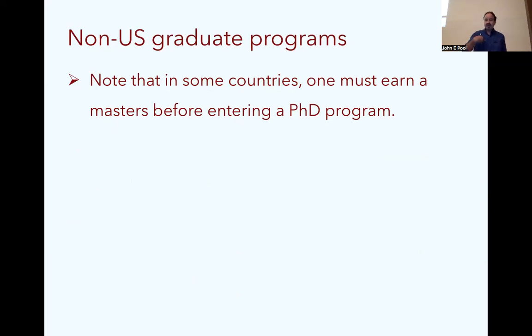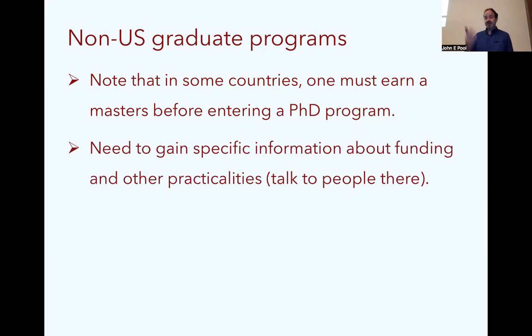But I'm aware that in many countries, including in Europe, there is an expectation that you have earned a master's before you enter a PhD program. So the PhD program might be shorter in those places, more like 3 years, but they do expect that you already have a master's before you come in.